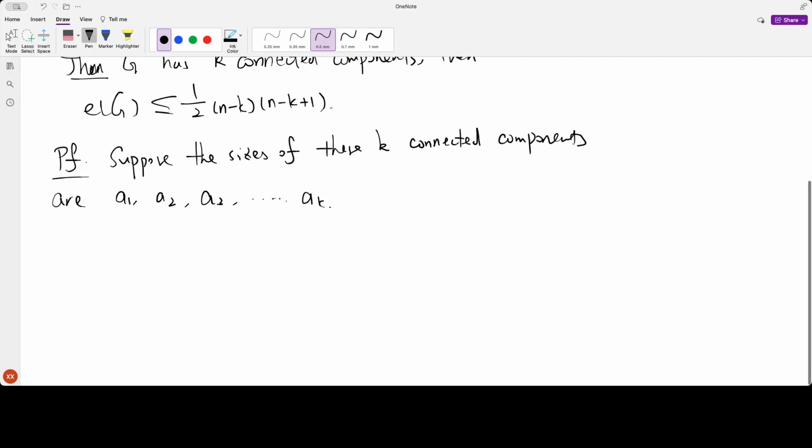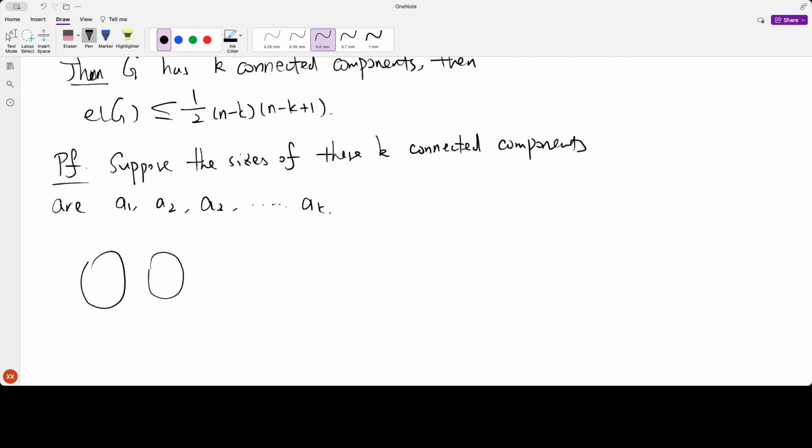Suppose your graph can be split into k parts: here you have A1 vertices, here you have A2 vertices, here you have A3 vertices, and so on, and here you have Ak vertices.